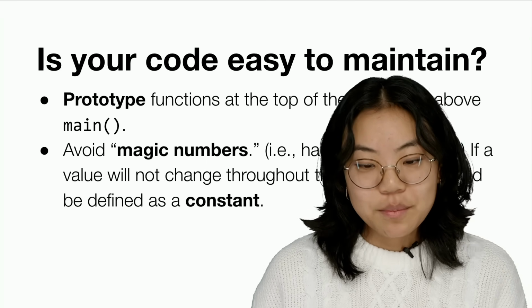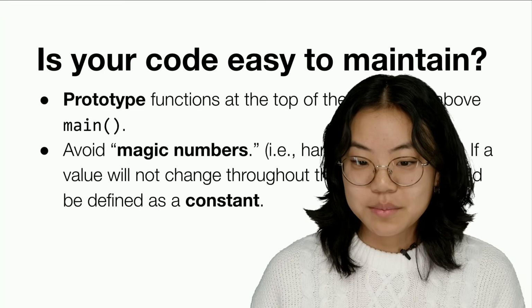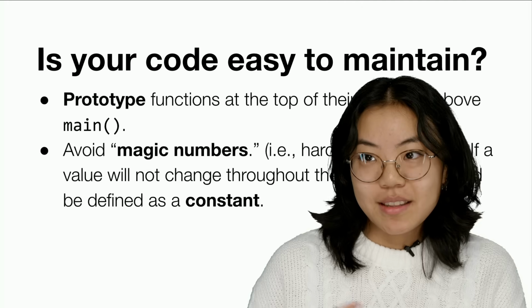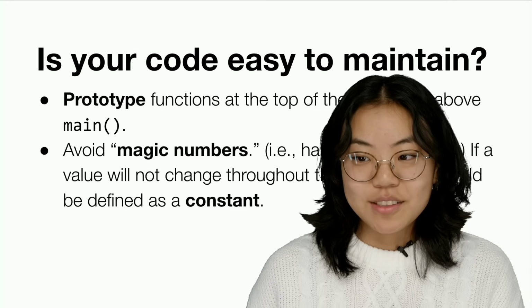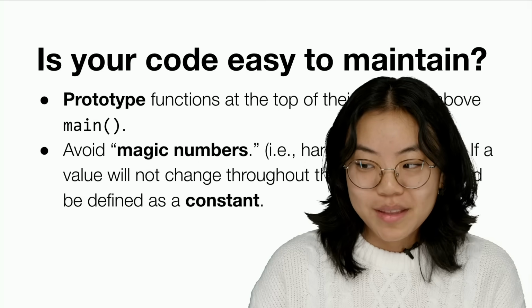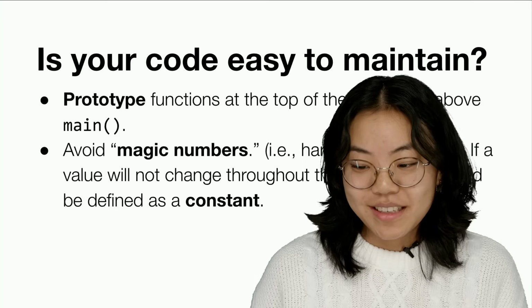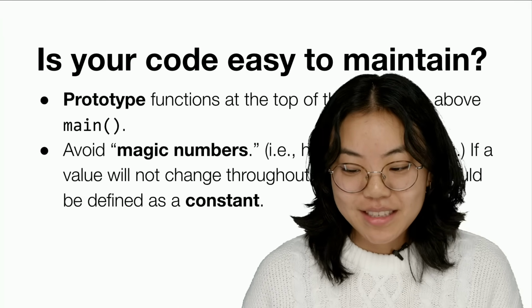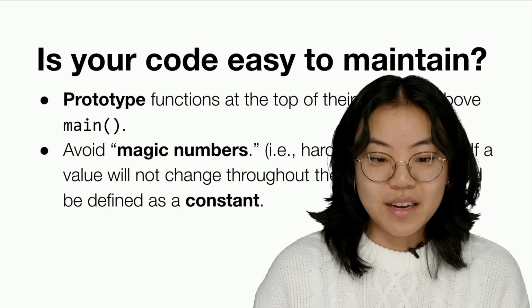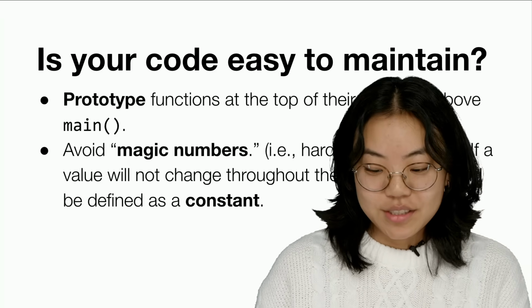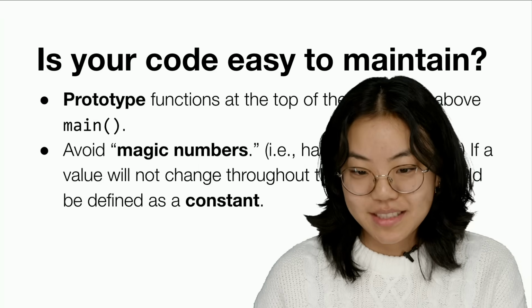For example, something you might do in this week's problem set is use the fact that the alphabet has 26 letters. And so over the course of your program, the alphabet is not suddenly going to add more letters. And so that is a number, 26, that might be good to define as a constant rather than just simply typing in 26.